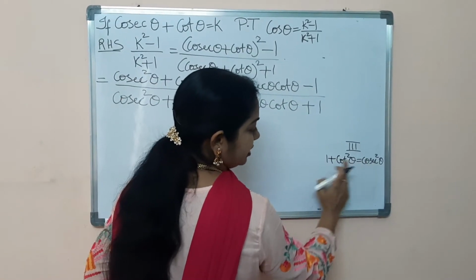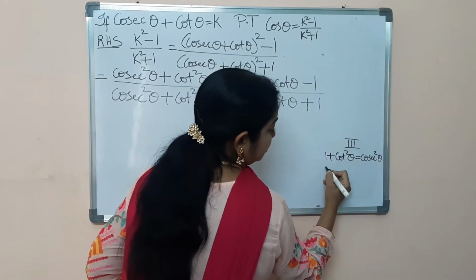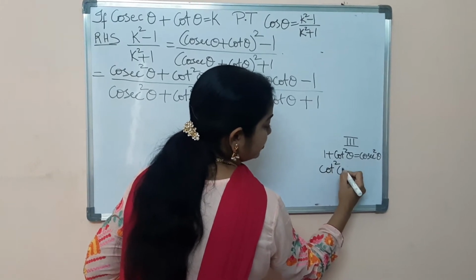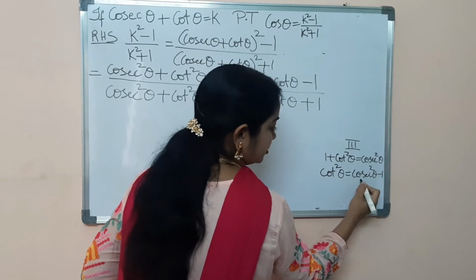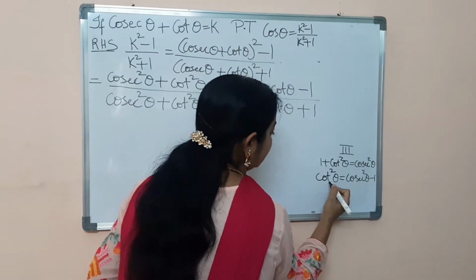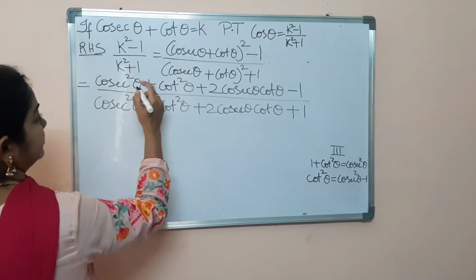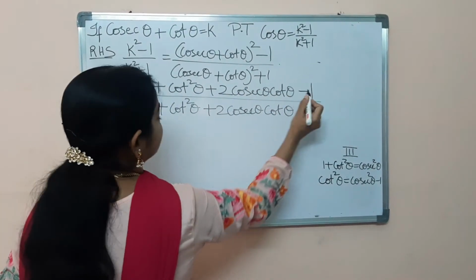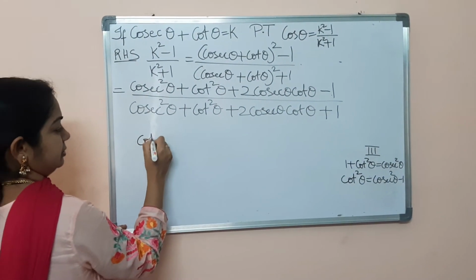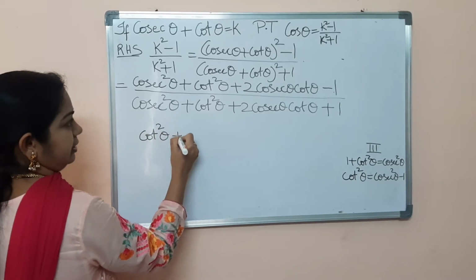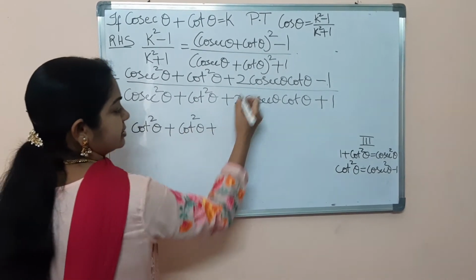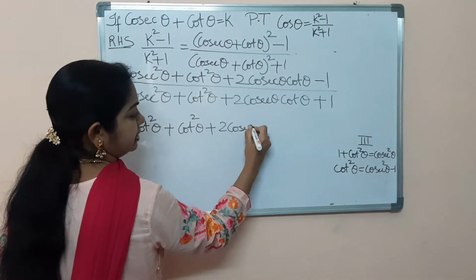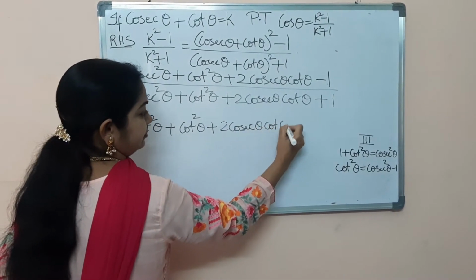If 1 is taken to the other side, cot square theta is equal to cosecant square theta minus 1. So instead of cosecant square theta minus 1, I will replace cot square theta here. Again, one more cot square theta is there, plus 2 cosecant theta cot theta.